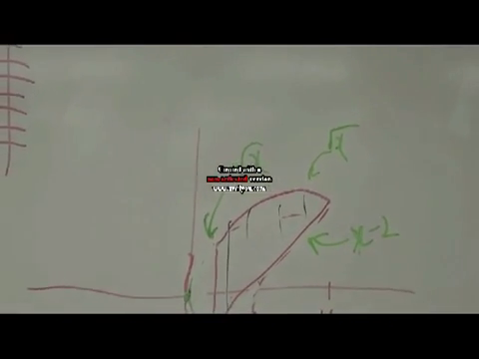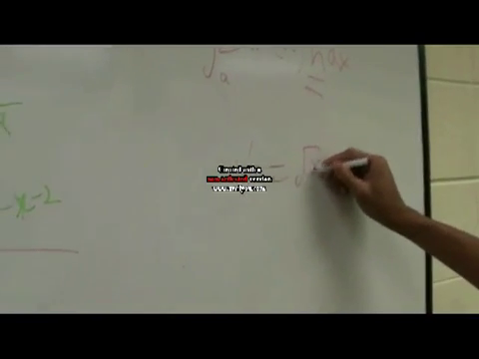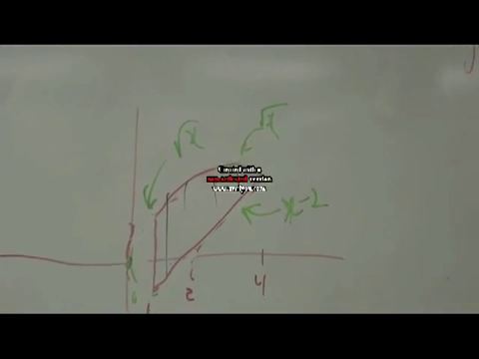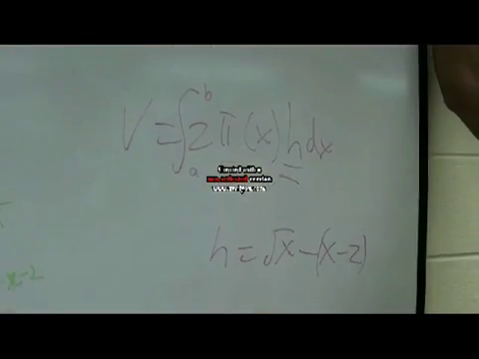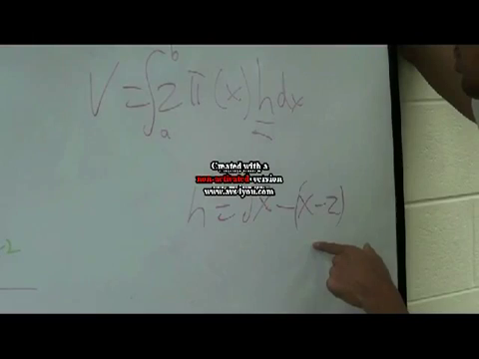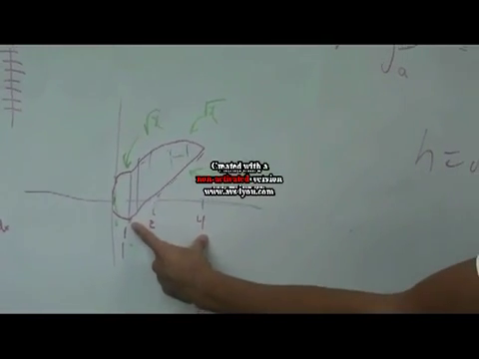And if you look at this graph, our top curve is root x, and our bottom curve is just the line x minus 2. So now we found our h. We have h equals root x minus x minus 2. So that's going to be this part from 1 to 4.